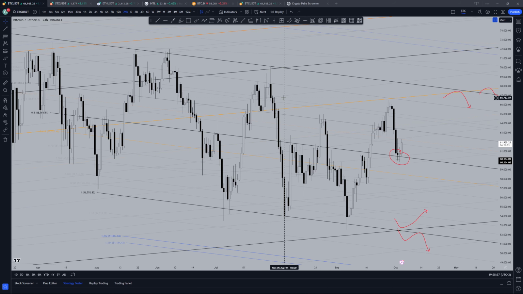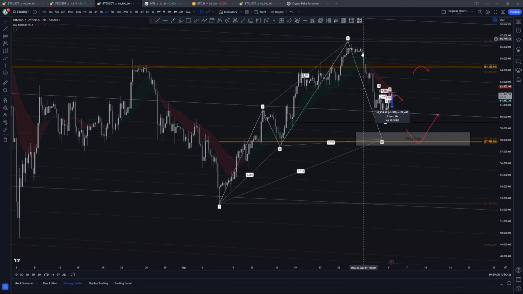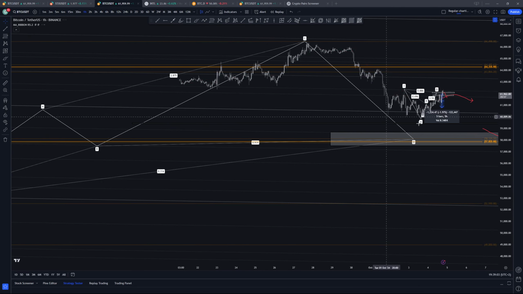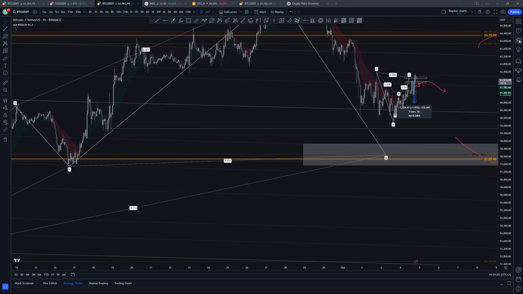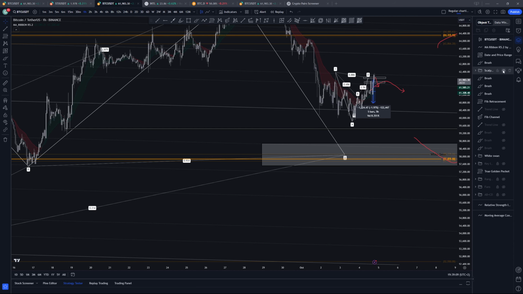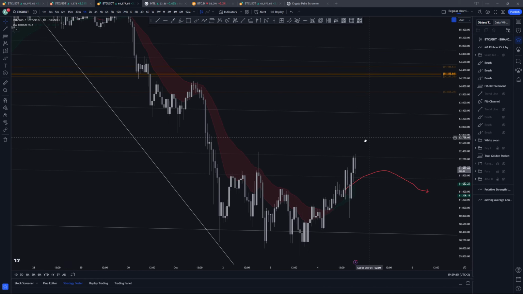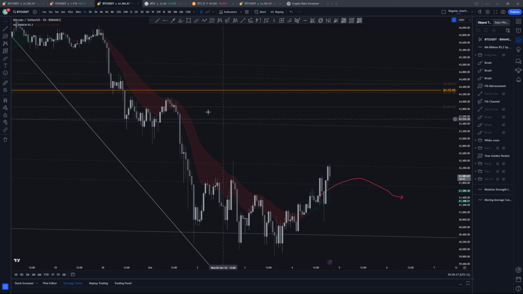don't get tunnel vision. Because, for example, when I go on BTC on this chart, well, I just hide the quick little scalp things. What you can see is, if we are looking at this range, this looks pretty bearish, right? This looks pretty bad.